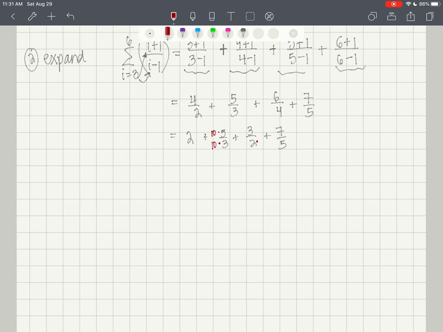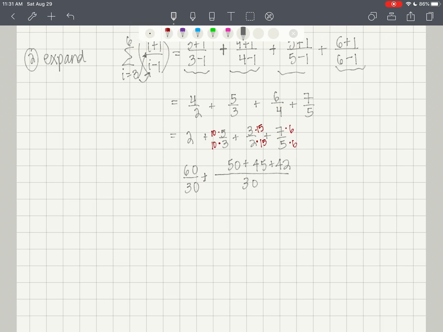The second fraction needs a 3 and a 5, so that's 15. The third fraction needs a 3 and a 2, so that's 6. And that common denominator is 30. So I have 50 plus 45 plus 42 over 30. And then I'm going to have plus 60 over 30.